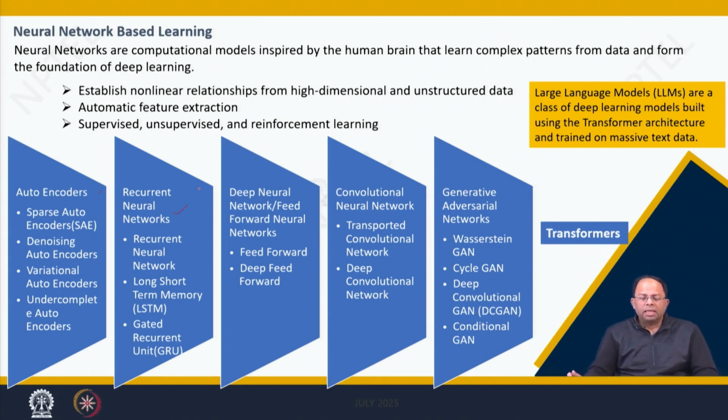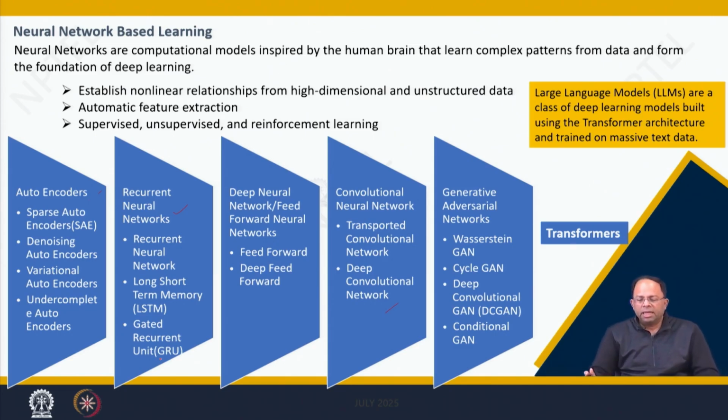Then convolution neural network, it's mostly about image processing. And within that, there is transposed convolution network and deep convolution network. Similarly, among the regular RNN variants, LSTM, long short-term memory, is one thing, gated recurrent unit GRU is another modeling approach and so on.